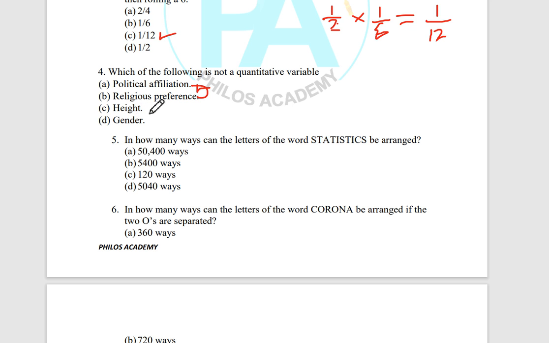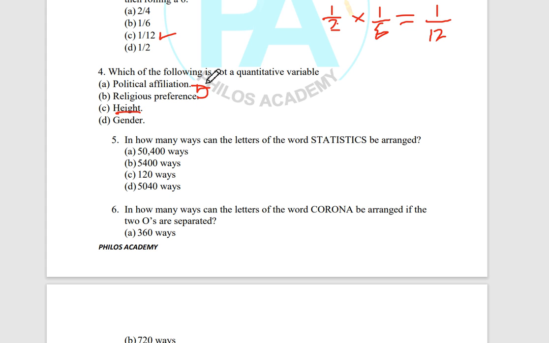Height is quantitative. Be very careful with that. Height is different. Then gender. Gender is also qualitative because you are either male or female. It's not in numbers, so gender falls in the same category as political affiliation and religious preference.